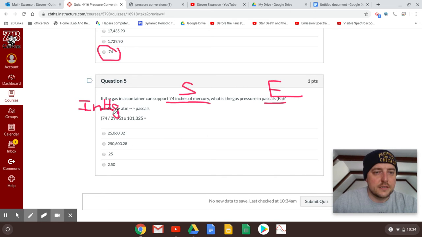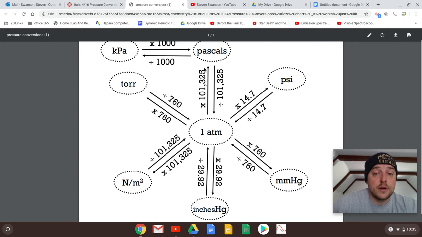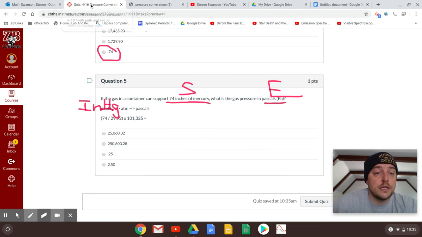Even though that symbol was wrong, the work is correct. It's an easy flub that somebody could make. It's showing 74 divided by 29.92 times 101,325. Let's just check that. Yes, it would be divide by 29.92 and then multiply by 101,325. So the work that's shown is correct.